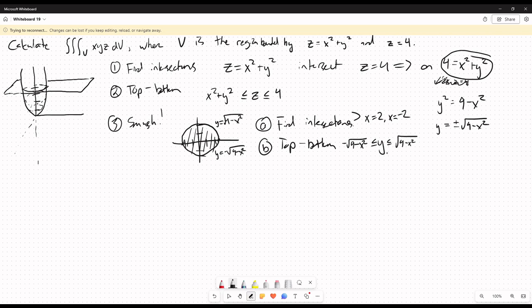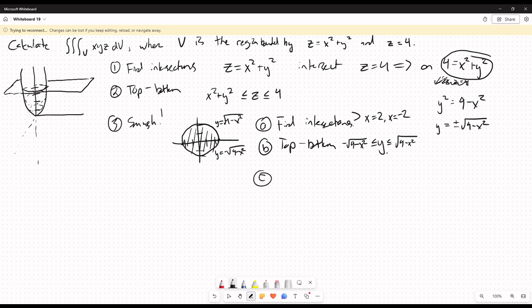Then we did some top minus bottom stuff. Then we looked at that intersection, smushed it onto the xy plane. We found where the two quote-unquote curves we had, even though it kind of looks like one curve, intersected, and then we found what the top minus bottom is there, what y is between.